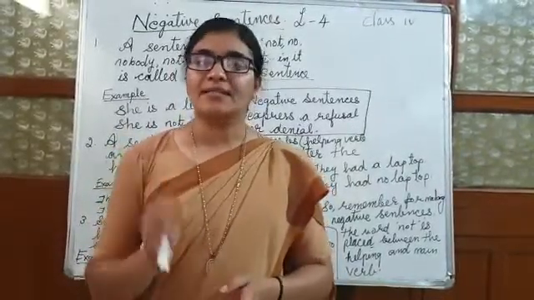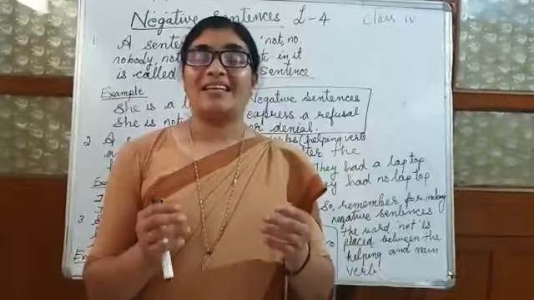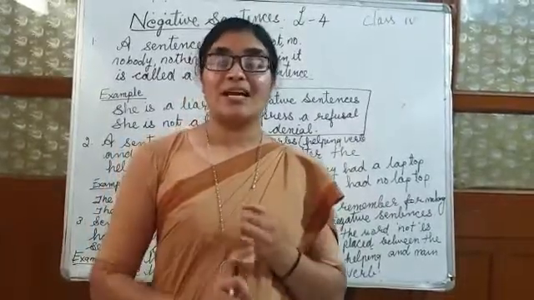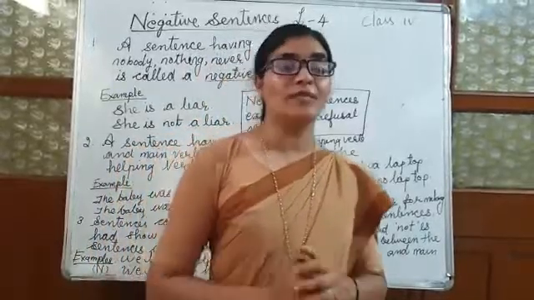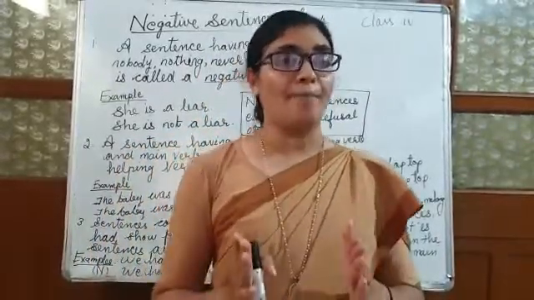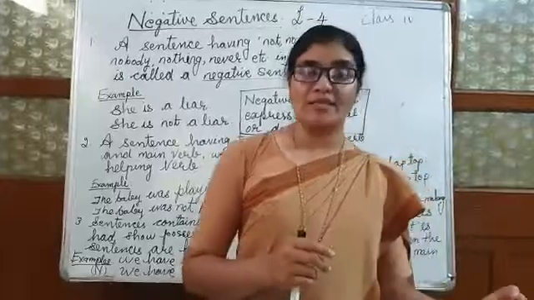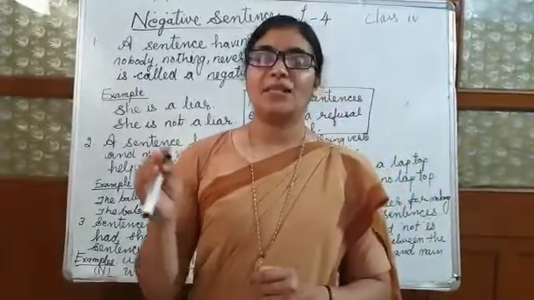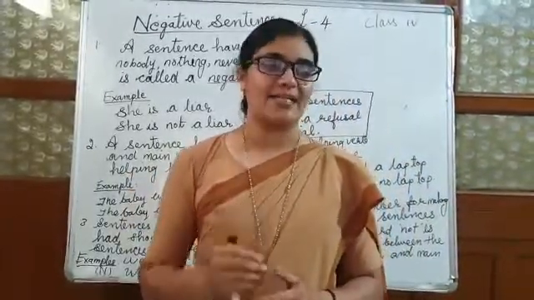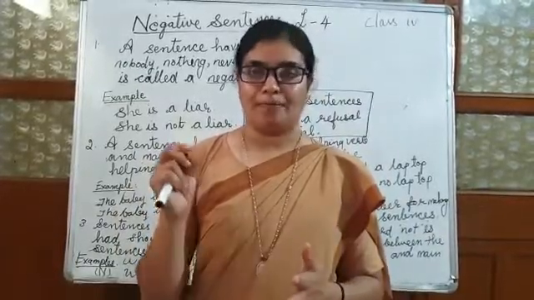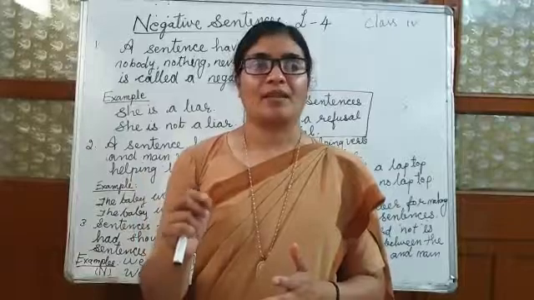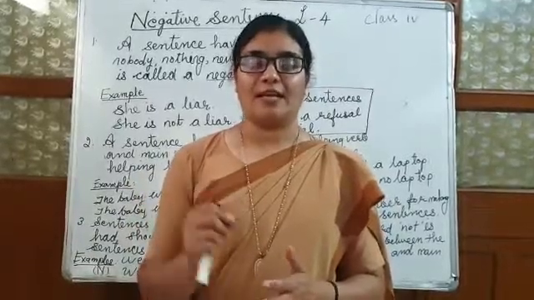And negative sentences in the present continuous and the past continuous tense are formed with is, am, are, was, were plus not plus the ing form of the verb. So we get the negative sentences without any difficulty.